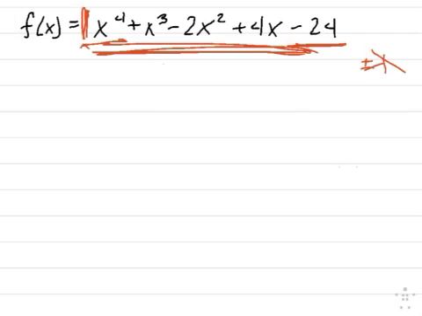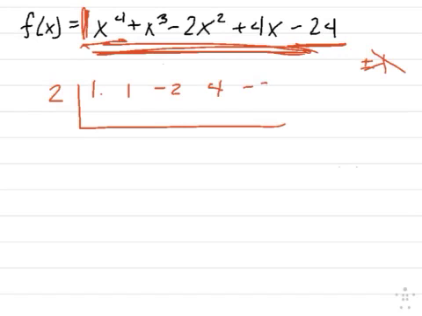Since one of my rational roots is 2, I'm going to use synthetic division to break this quartic into a cubic. Synthetic division looks like this. Take your coefficients, 1, 1, negative 2, 4, negative 24. Make sure you put a 0 in there if you have to hold a place for any of them, which we don't in this case.